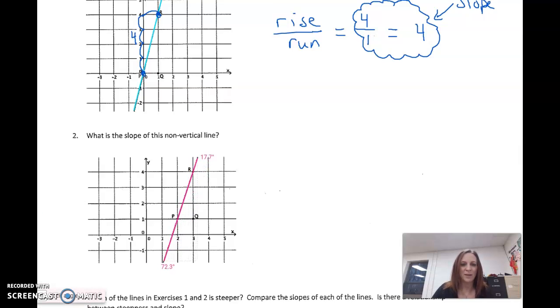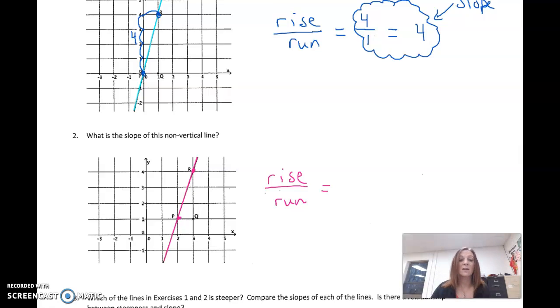So here's my line. It's going up from left to right, and since that's how we read graphs, I know that my slope will be positive. And we find that slope by taking the number that represents our rise to our run. So pick 2 points on the graph. This one kind of gives us a P and an R right here. Don't worry about this other letter on there.